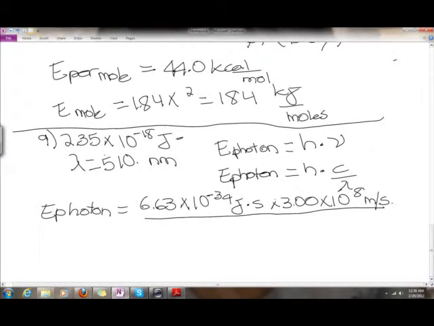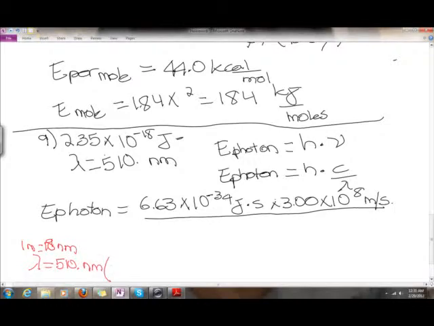So we got here the wavelength, right? 1 meter is equal to 10 to the 9th nanometer. So we got 510 nanometer.